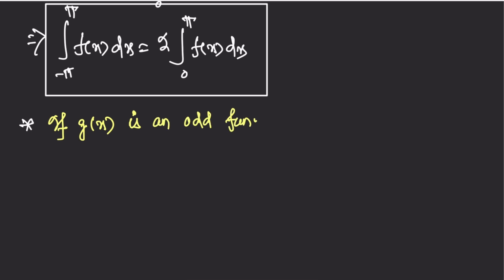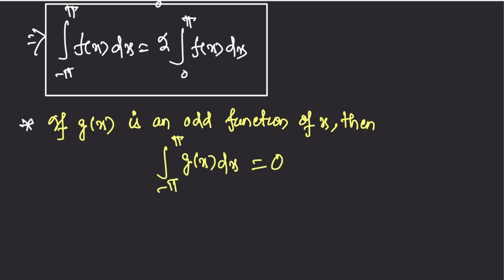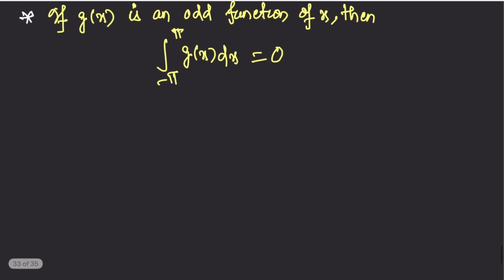If g of x is an odd function of x, then the integration of g of x in the interval minus pi to pi becomes 0. Let's prove it.